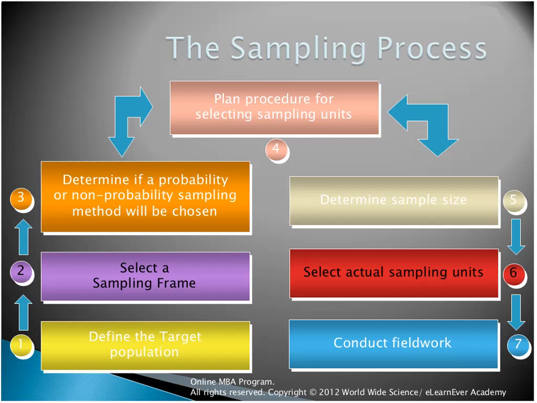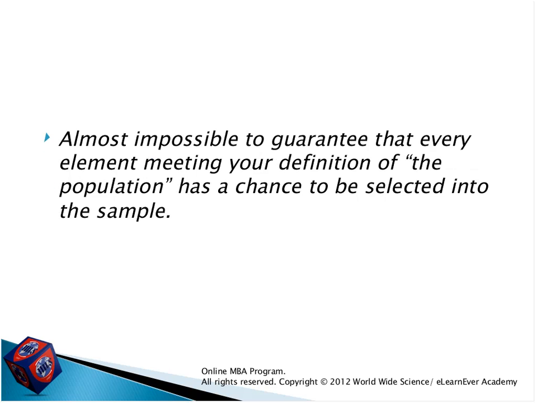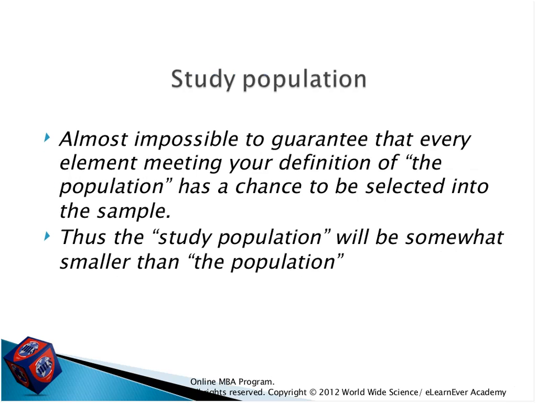When we say a study population, it means we guarantee that every element meeting your definition of the population has a chance to be selected into the sample.